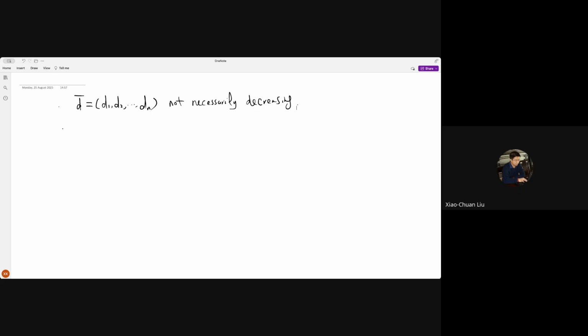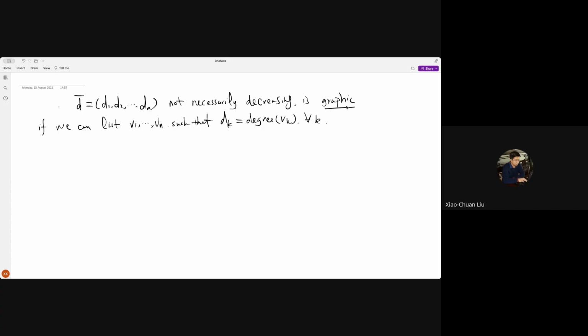So what I'm trying to say is that we can consider this sequence to be graphic if we can list vertices V1 until Vn such that dk equals the degree of vk for all k.